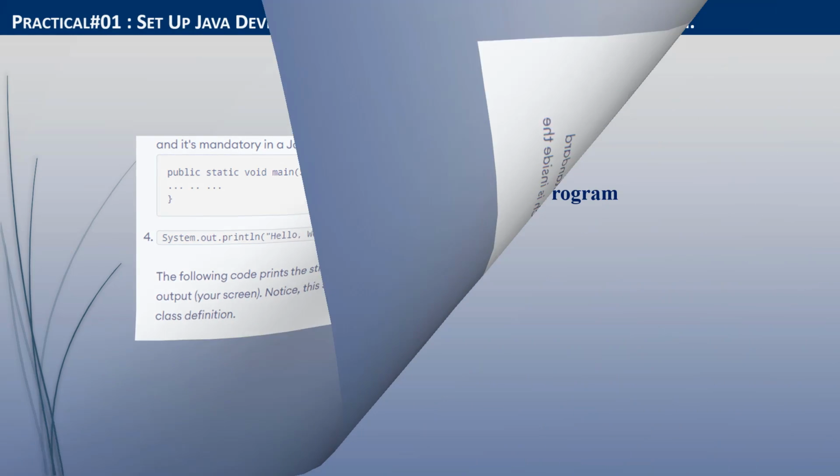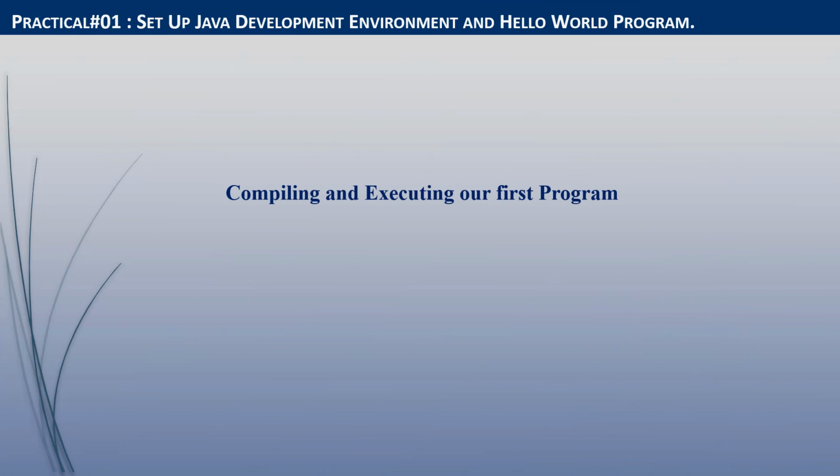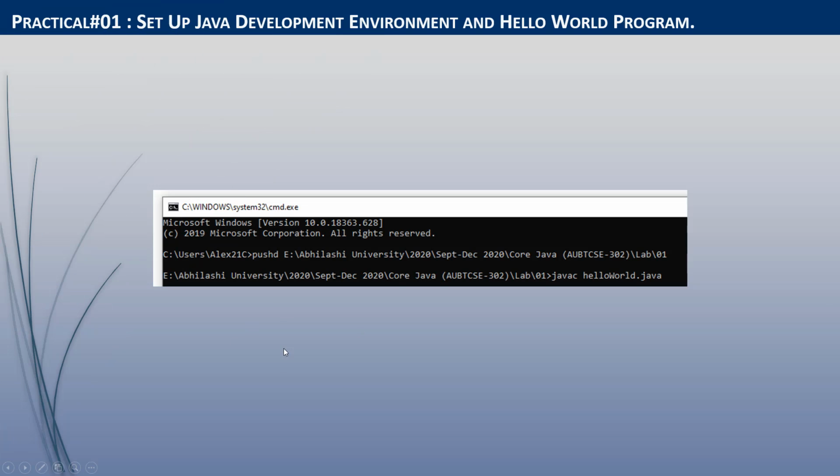This is the explanation. You can read it later on. And when we have written the program, we need to compile it. The source code needs to be compiled into bytecode. In case of Java, we call it bytecode. And this is the command javac.